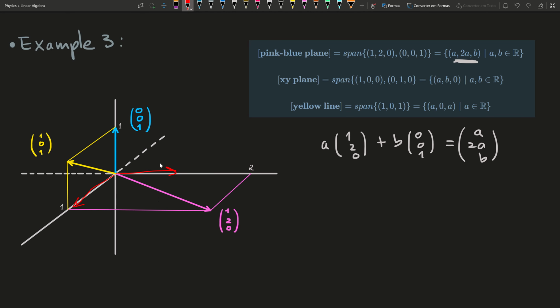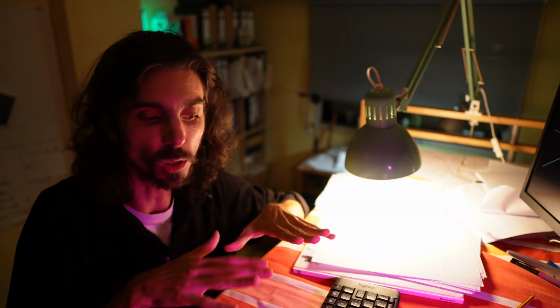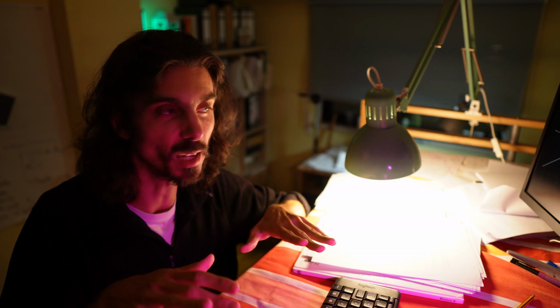Can you see? So it's a plane that contains these two vectors. And of course, the generic element of it is just (a, b, 0), the z-axis coordinate is 0 all the time, because we live in this plane. But again, this vector space contains the origin, and any linear combination of it always gives me an element in the xy plane, just like it happened in the pink-blue plane.